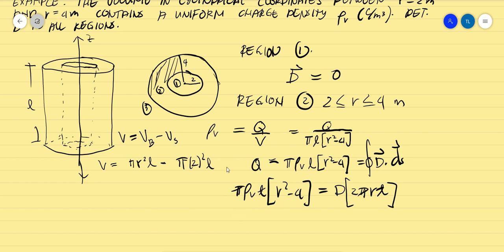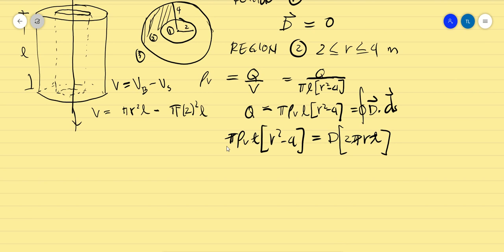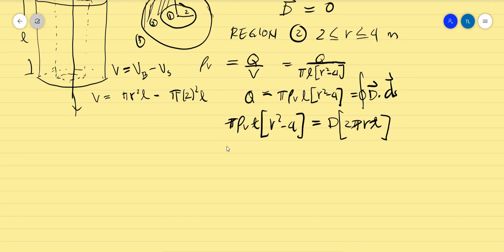To solve for D at region 2, D will be equal to rho v times r squared minus 4, all over 2 times r.